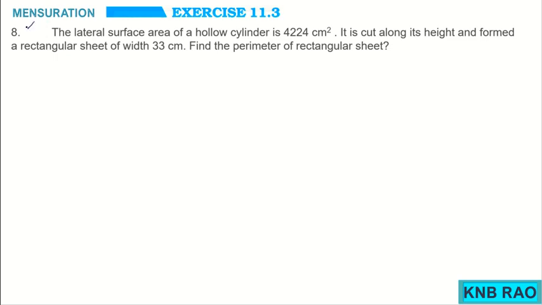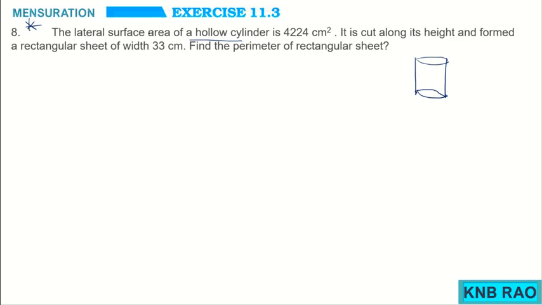This question is a very important question, children. The lateral surface area of a hollow cylinder. The moment you get the word hollow, try to understand: here both ends, top as well as bottom, are not covered. That means it has only CSA.